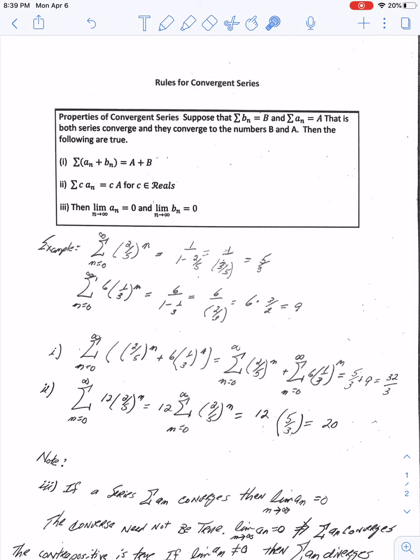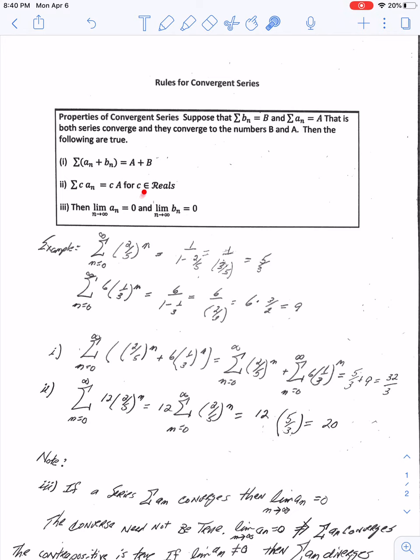What this really says is that you could break up the sum into the sum of 2/5 to the n, add the sum of 6 times 1/3 to the n, and as long as these two series converge, then so does this one, and it converges to what? The sum of the two answers. 5/3 add 9, which I believe is going to be what? 27/3 add 5/3, 32/3.